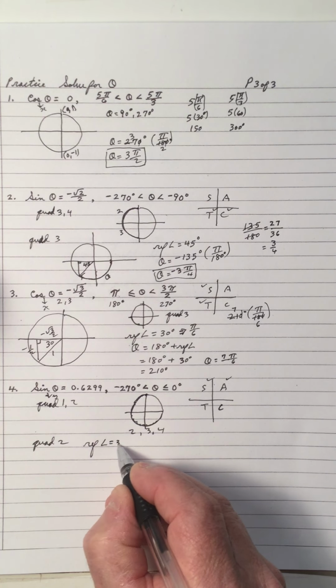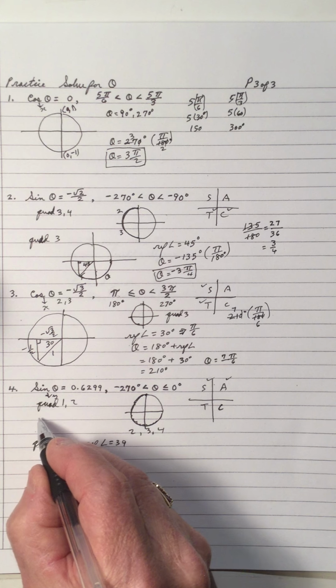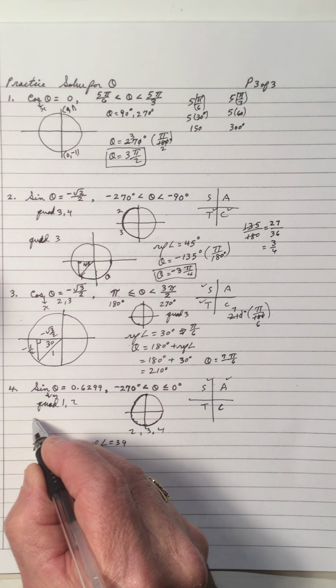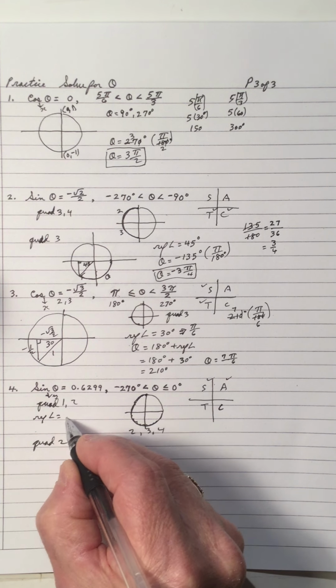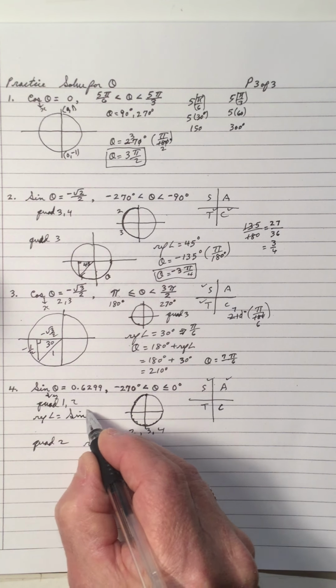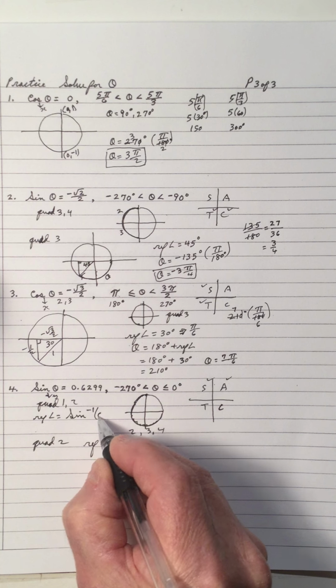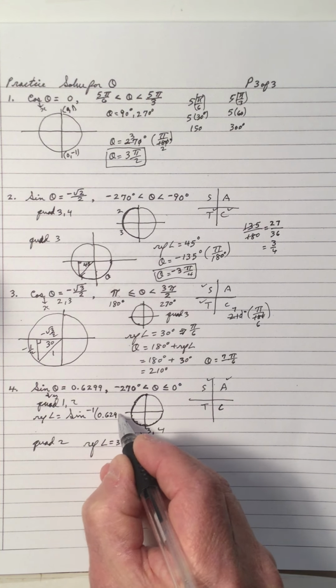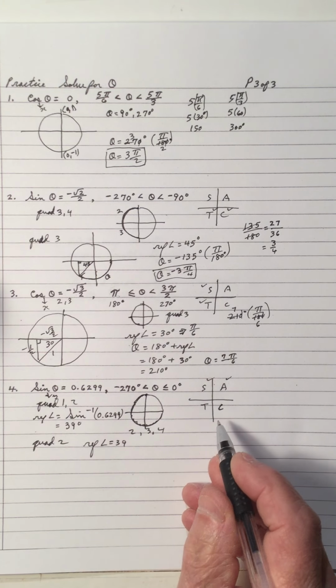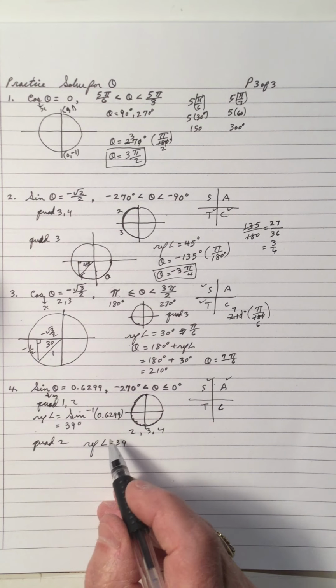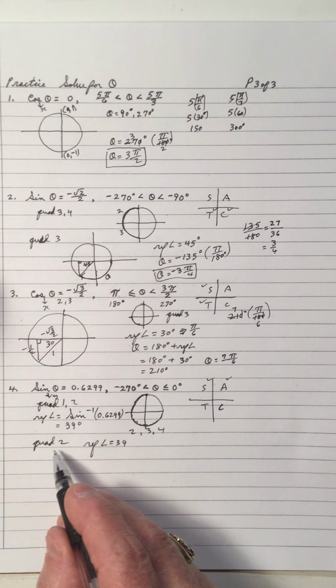The reference angle is sine to the negative 1 of 0.6299 that I plugged in the calculator. That comes out to be 39 degrees. So I have a reference angle of 39 degrees and I'm in quadrant 2.